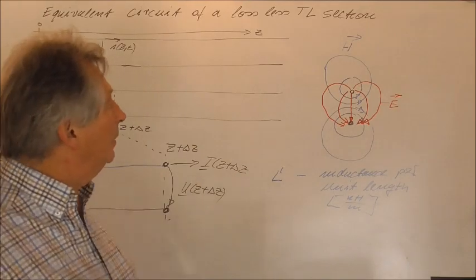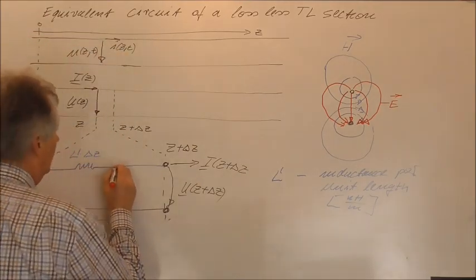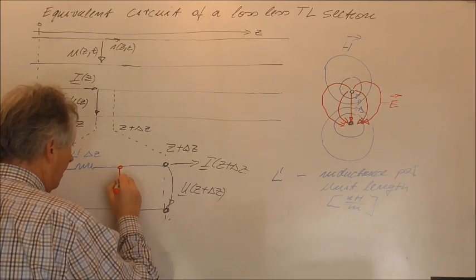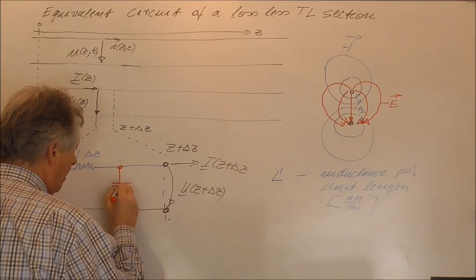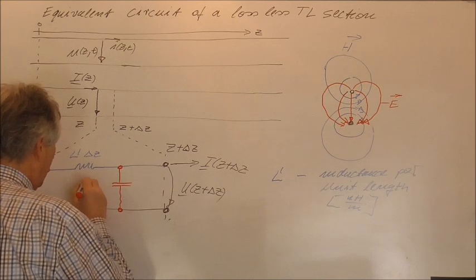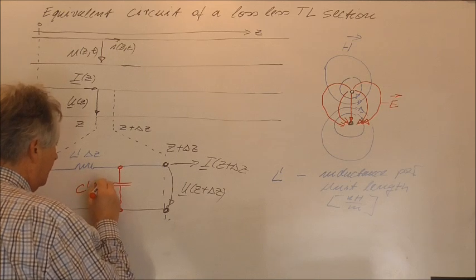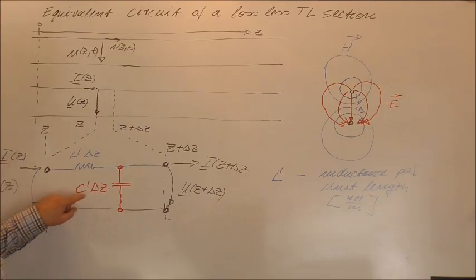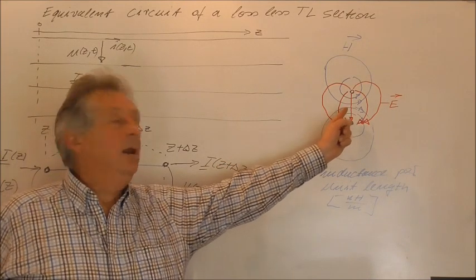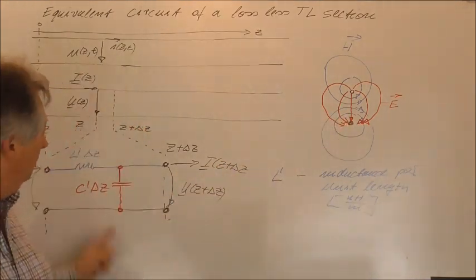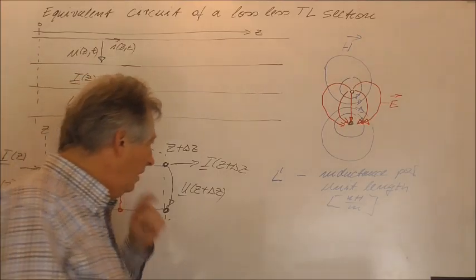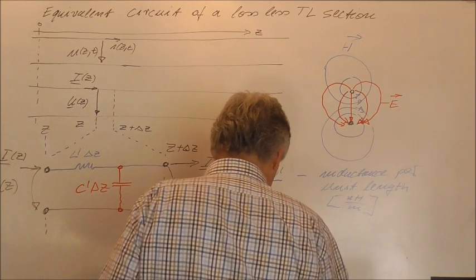And the stored electric field energy will be represented by a capacitor C prime times delta z. So the influence of the stored electric field energy between the lines will be represented by this capacitance, and we have here the C prime.